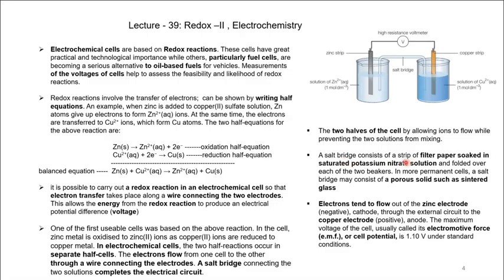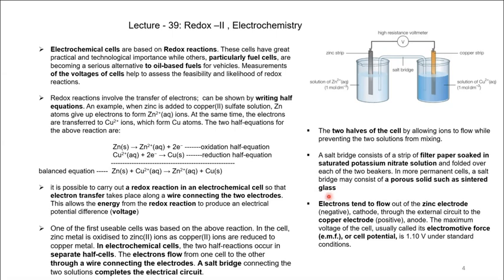In the laboratory, a simple way is to soak filter paper in saturated potassium nitrate solution and connect it to the two beakers. This is a simple salt bridge, but a permanent salt bridge generally consists of porous solids such as sintered glass.